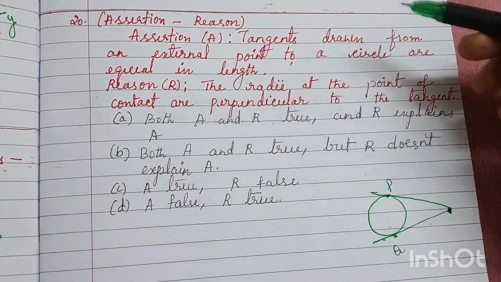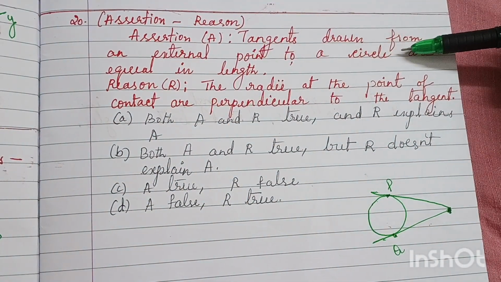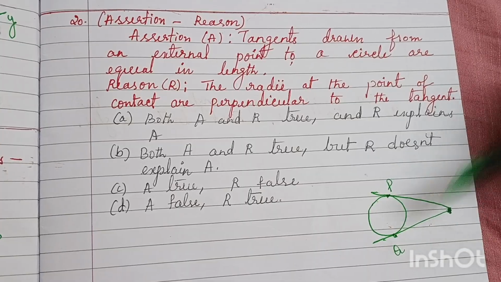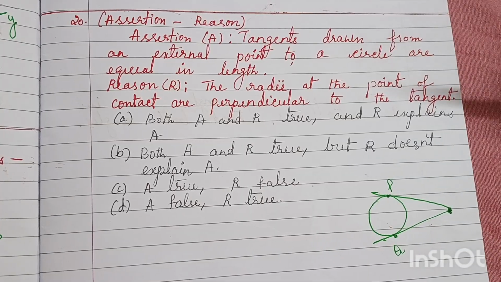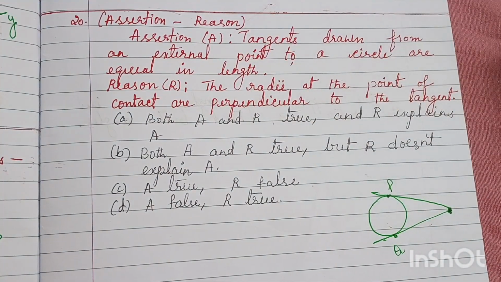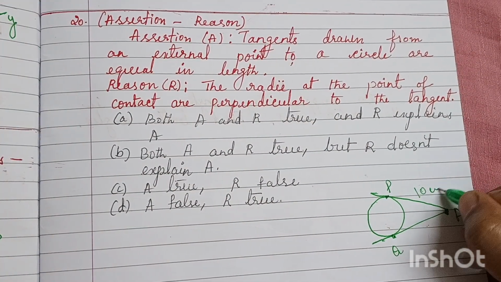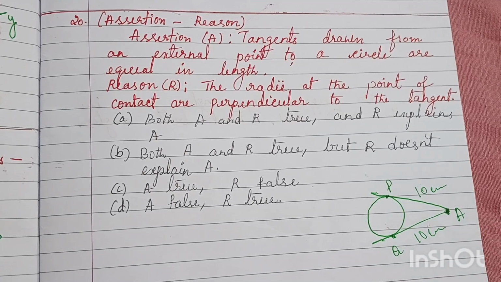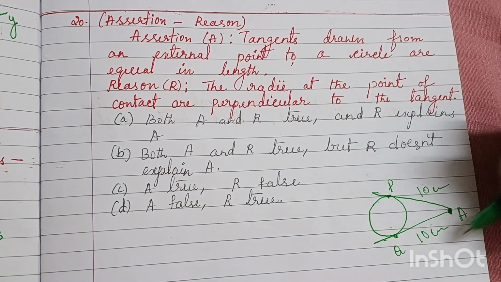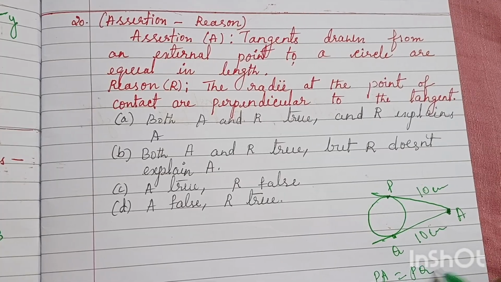So the assertion: tangents drawn from an external point to a circle, maximum two tangents, equal in length. Yes, that is correct. If one is 10 centimeter, then here also 10 centimeter. Tangent PA equals PQ.